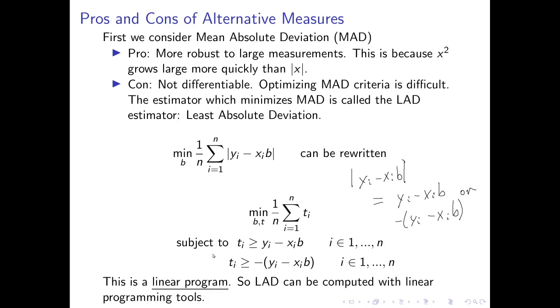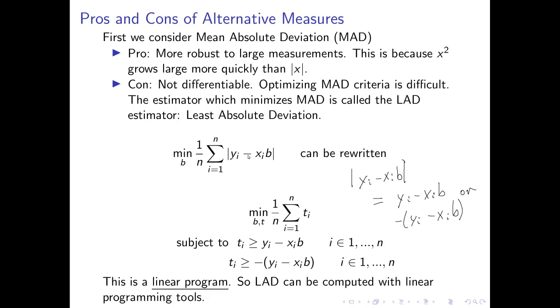Okay, and so this is a linear program. We have a linear objective function in t, and then linear constraints in t and β. Because remember, x is fixed, y is fixed. These are data inputs. And since this is a linear program, the least absolute deviation estimator can be computed as a linear program. For those folks who have seen linear programming, that's how we can compute it.